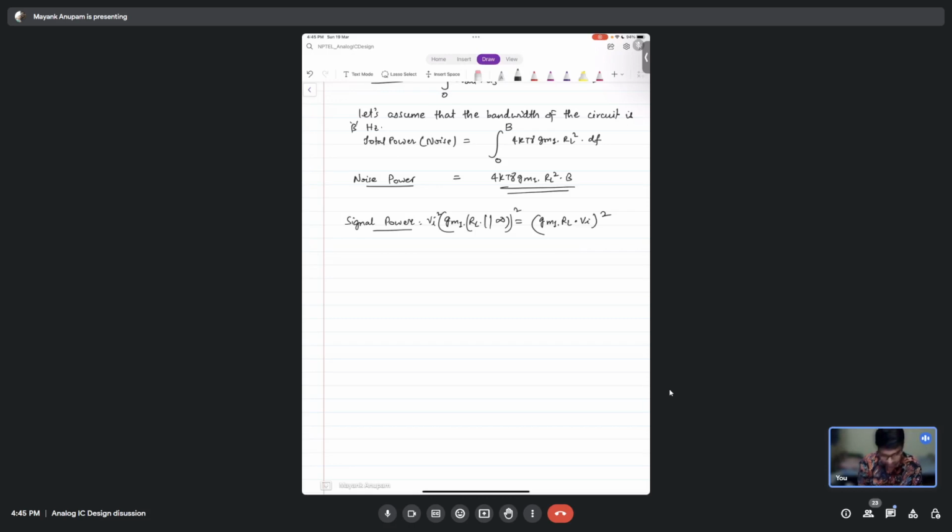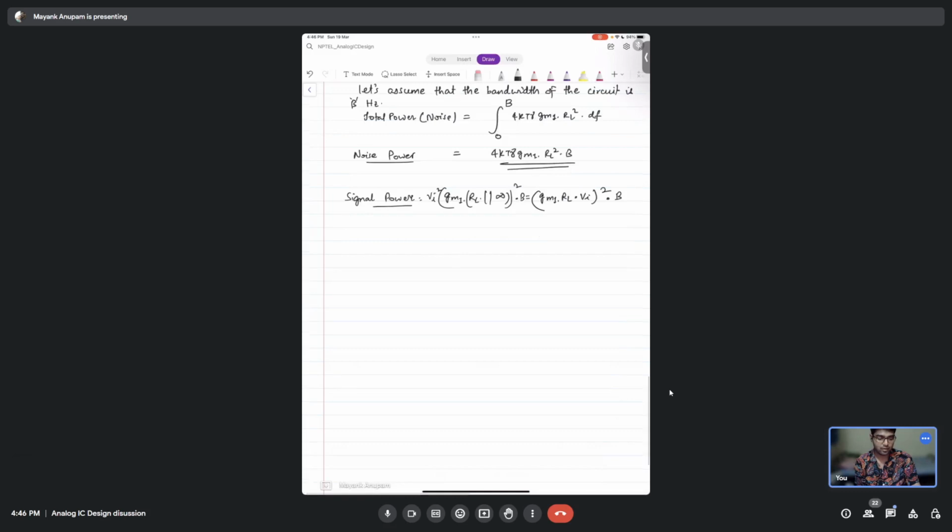And this will then be multiplied with the bandwidth of the signal. This is just a crude calculation, but this is the point that I wanted to make.